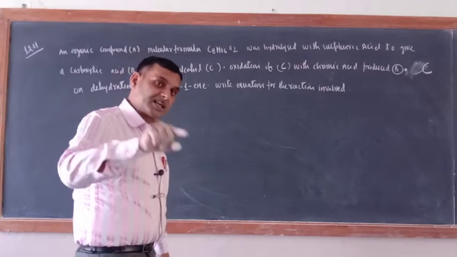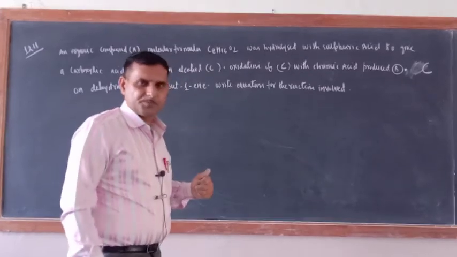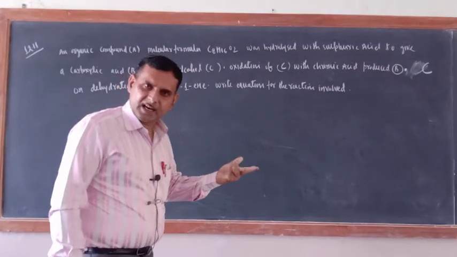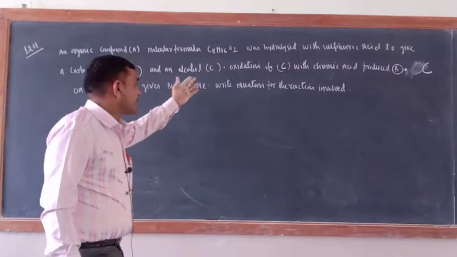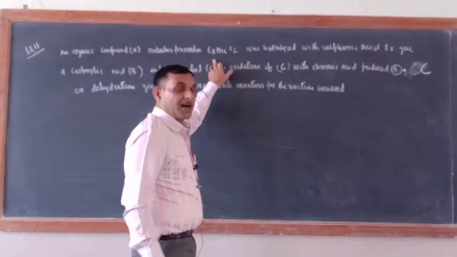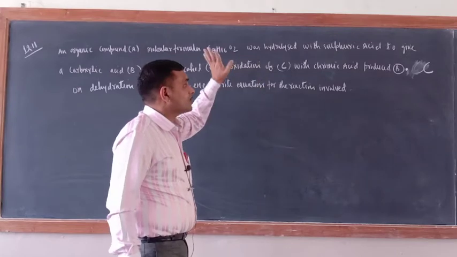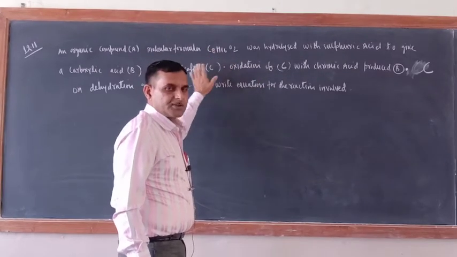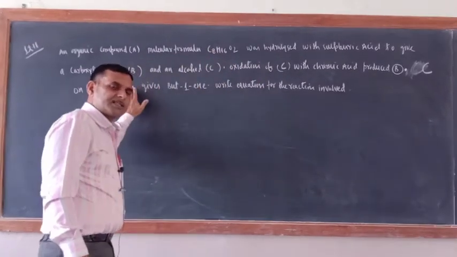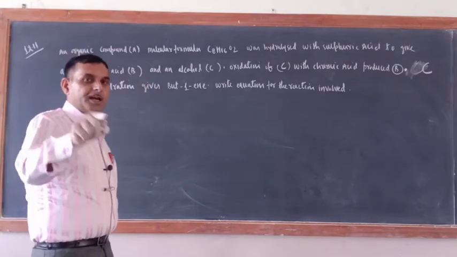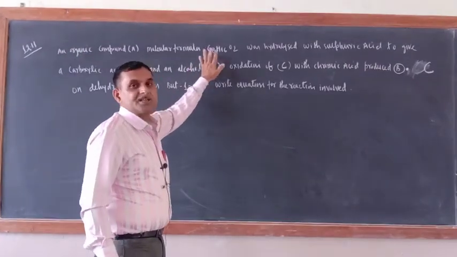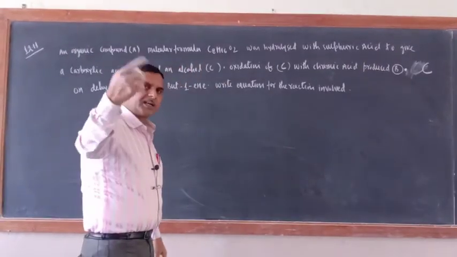But when ester is hydrolyzed, what is formed? Carboxylic acid and alcohol. So here this compound is being hydrolyzed in presence of H2SO4 as a catalyst, and the products are carboxylic acid and alcohol. It means this compound is an ester.